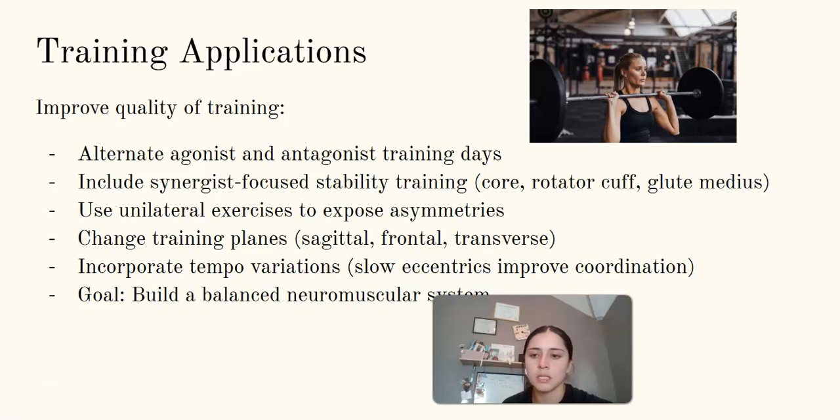And then also using unilateral exercise can help identify imbalances while training in different movement planes. So, for example, when I'm doing a split squat, I can tell that my left leg is a lot weaker, so I need to work on that one. Finally, tempo variations and slow eccentrics.